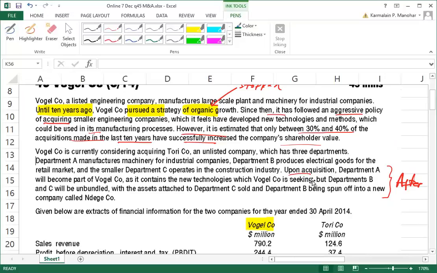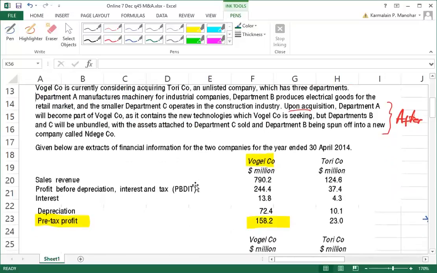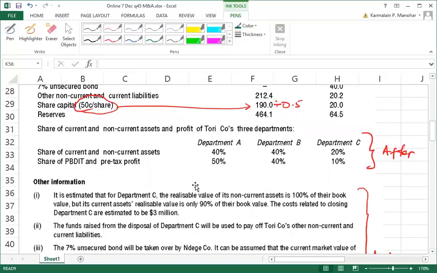Okay, I think I passed it. Upon acquisition, Department A will become part of Vog. So that's right. That will now increase our earnings, right? So we will earn what Department A can earn. So I have to come back here and look for my share of PBT, pre-tax profit.